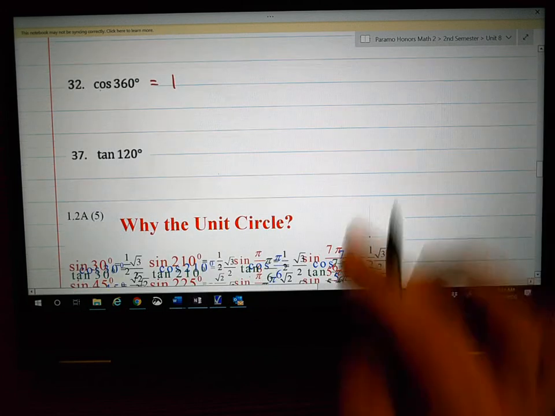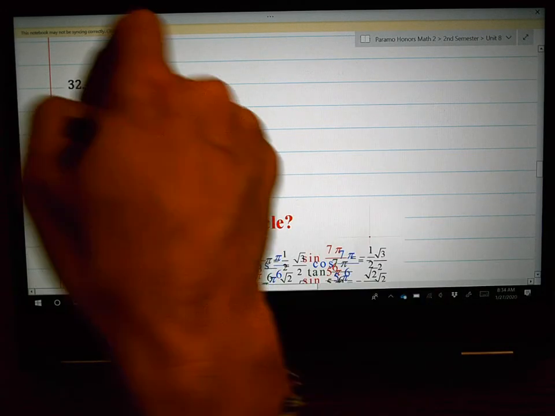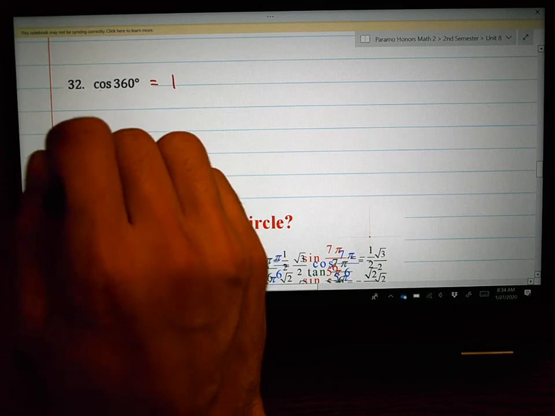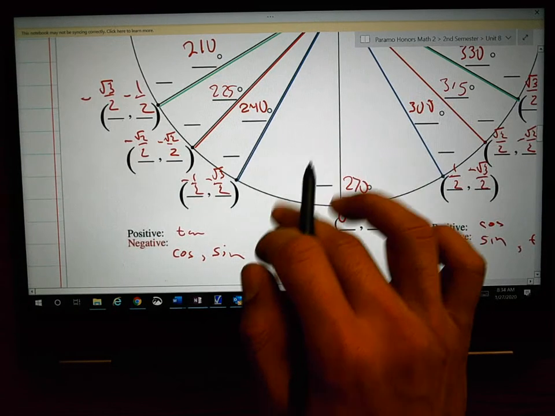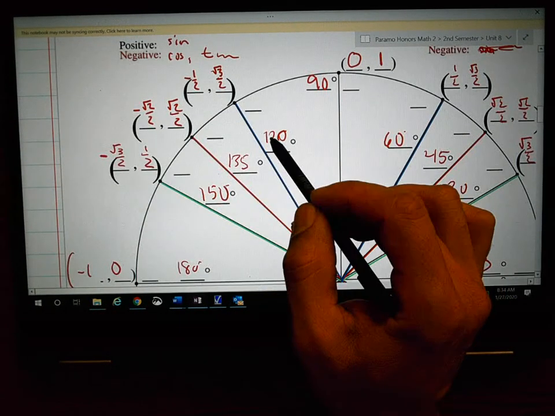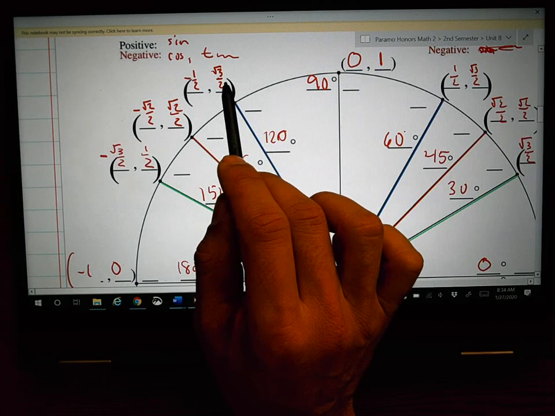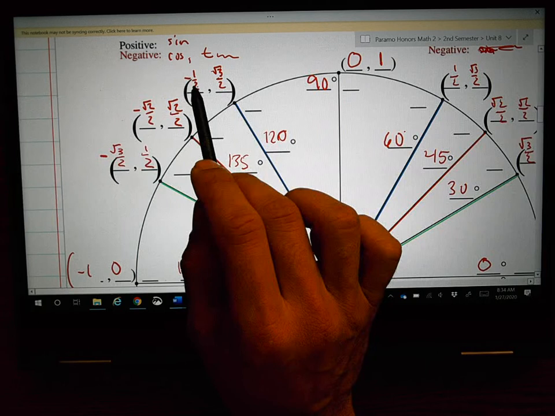And do you notice there's not a lot of work to do? You're just looking at the angle and then you're looking for the ratio. So the only way this gets hard is if I ask you for a tangent. Tangent of 120. Here's 120. Tangent is the sine divided by the cosine. This divided by that. And remember, I showed you a long way, and then there's a short way.